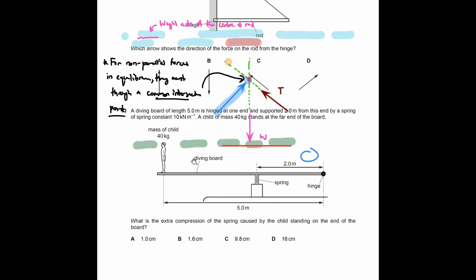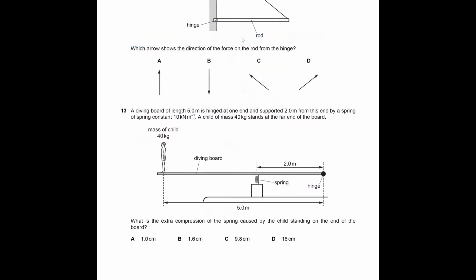Okay, question 13, let me just clear this one off. In question 13, they mention a diving board of length 5 meters is hinged at one end and supported 2 meters from this end by a spring of spring constant 10 kilonewton. A child of mass 40 kg stands at the far end of the board.